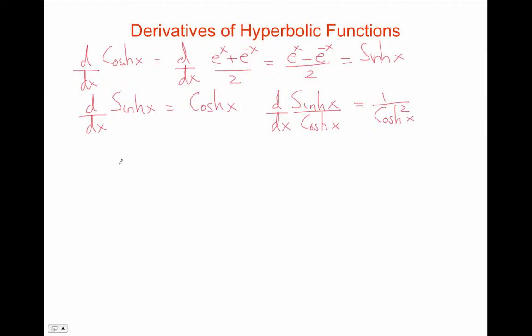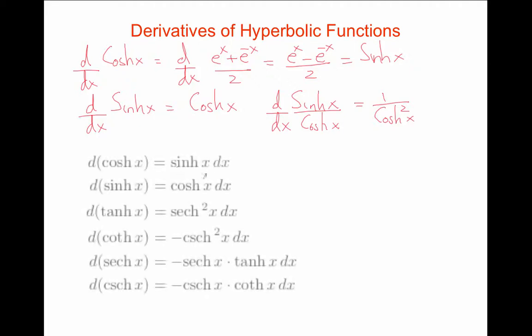Now, instead of doing more differentiations, which are very easy, let me simply list various results. We've checked this and this and this. These three are to be remembered. On the other hand, these three can always be derived when necessary.